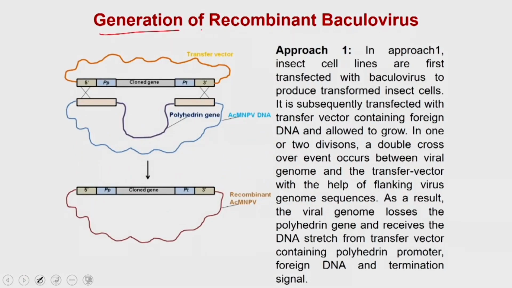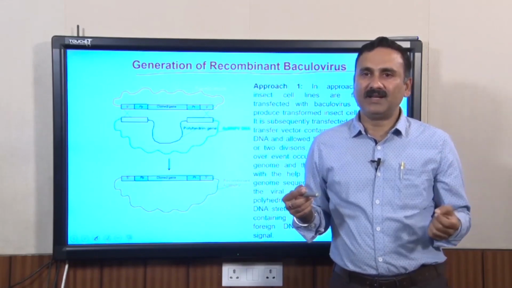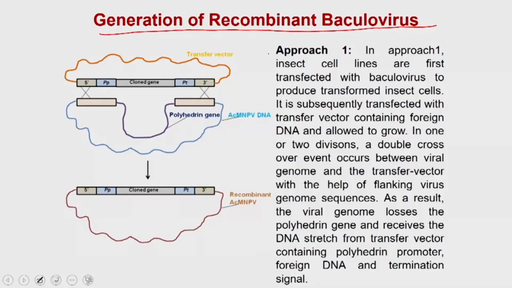Now, the next step is the generation of recombinant baculovirus. You have two approaches to generate recombinant baculoviruses. In approach 1, you can imagine that you have the insect cell lines. First, you take the insect cell line and transfect it with the plain baculovirus, and that will produce the transformed insect cell line.